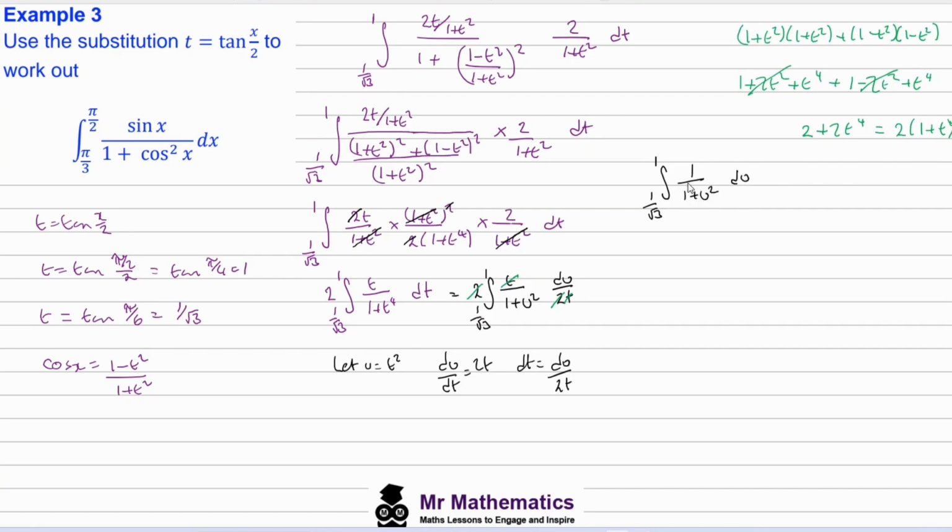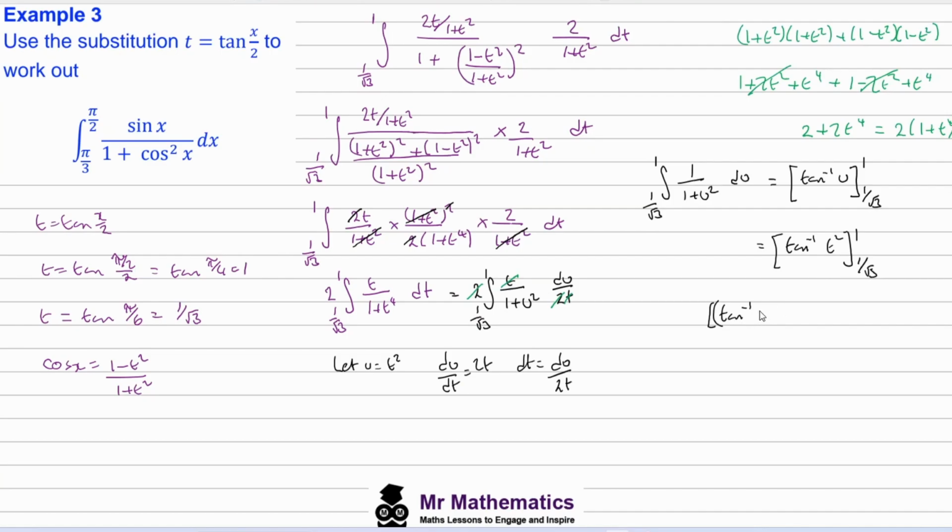And this is a standard integral given in the formula booklet, which is the arctan of u between our limits. But we know u is t squared, so we can write this as the arctan of t squared between our limits.